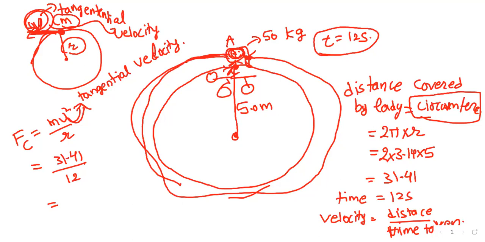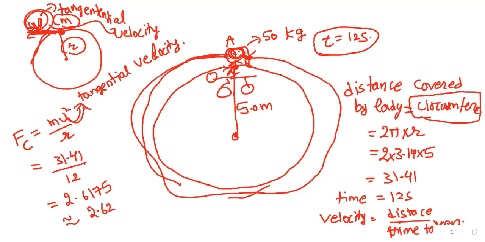I got 2.62. Okay, so you're getting 2.62. 31.41 divided by 12, yes, you are right. We're getting 2.6175, which is approximately 2.62. This is not a very bad approximation.